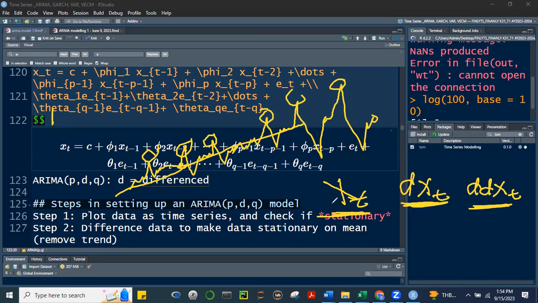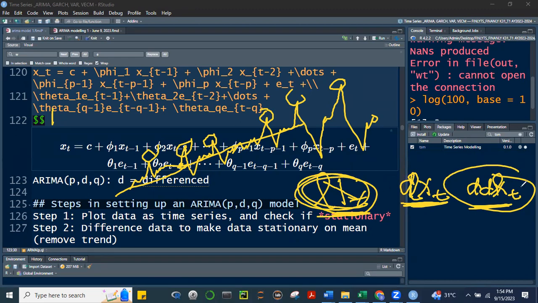And let's suppose that what we did was to get the log of the data. So we actually were using log of X sub T. So this will be the difference of the difference of the log X sub T, the log of your time series. So this data, class, is not the same as this one. It will be very, very different.